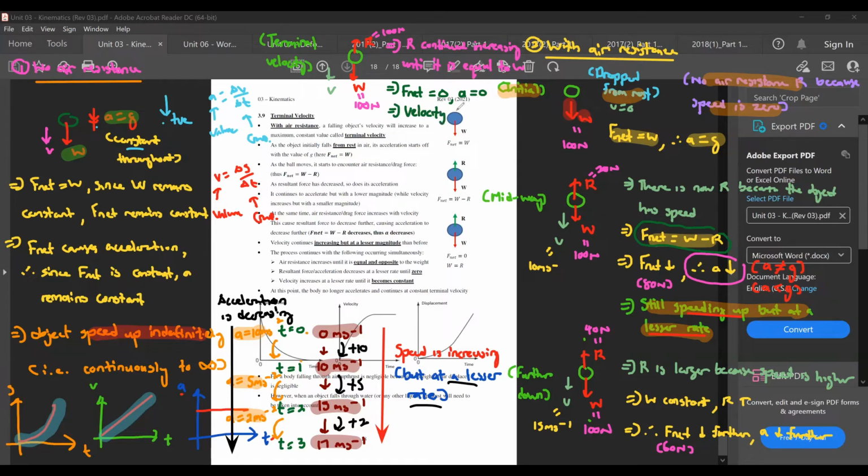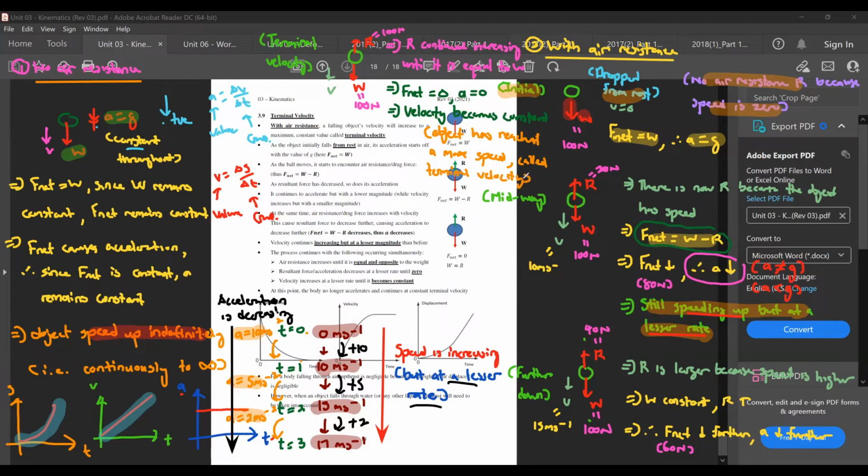Velocity becomes constant. When my velocity becomes constant, your object has reached a maximum speed called terminal velocity. This is what terminal velocity actually is.